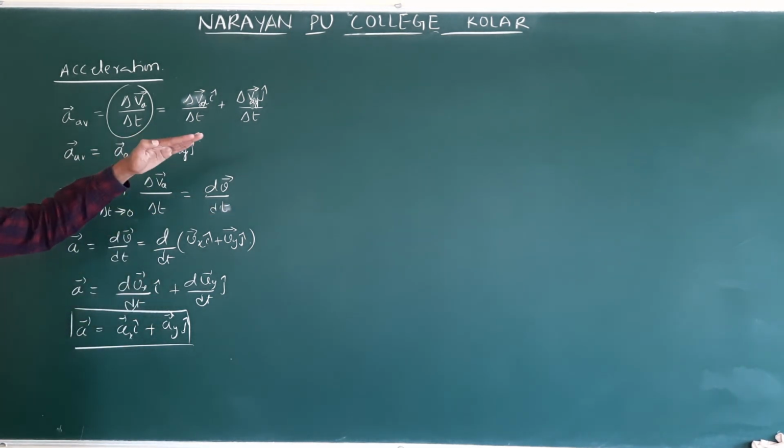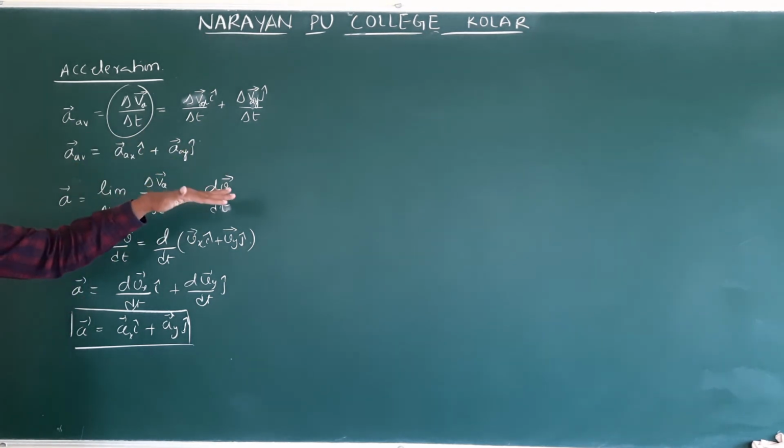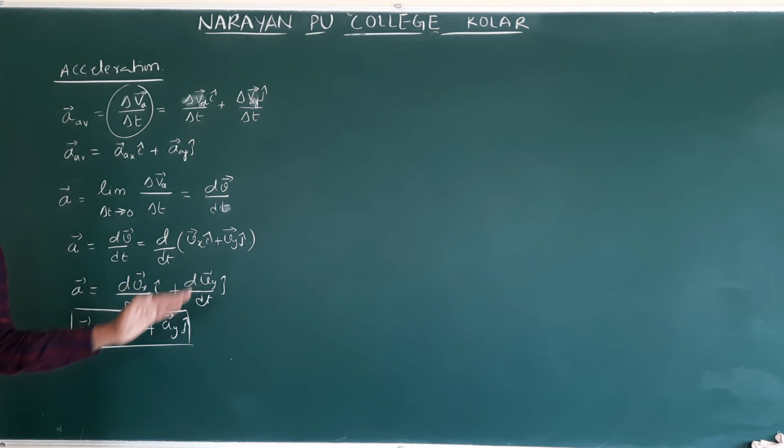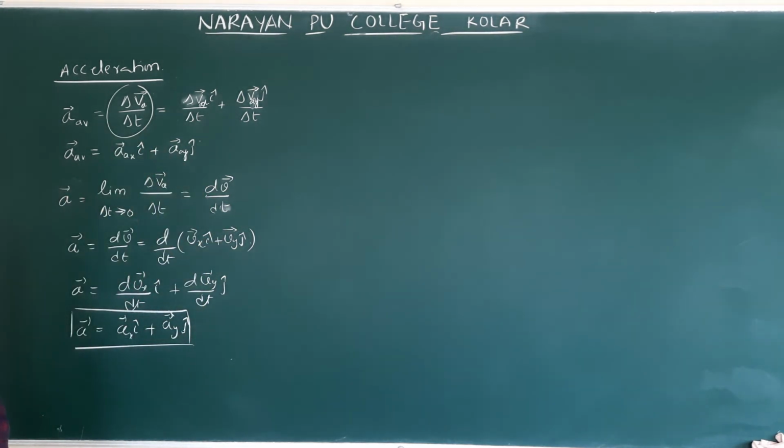Understand? So for acceleration vector and velocity vector, the angle between them will be 0 to 180 degrees. Means in the same direction, opposite direction, sometimes it acts perpendicular also.